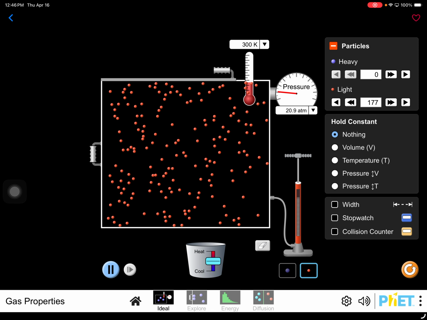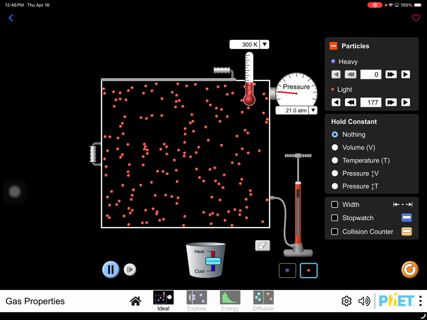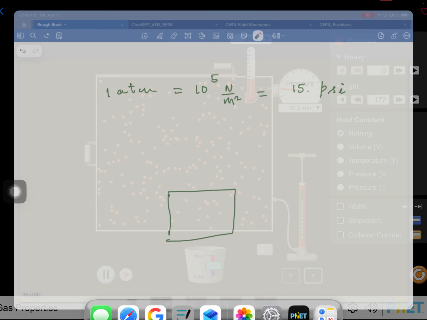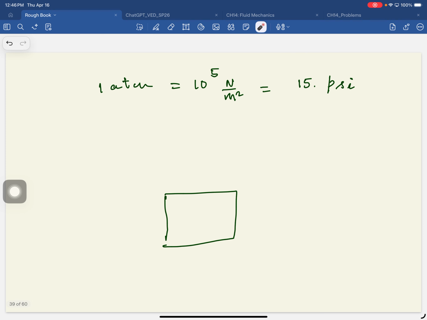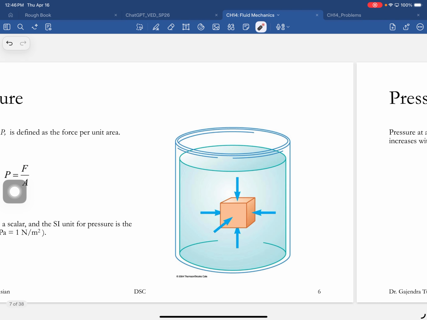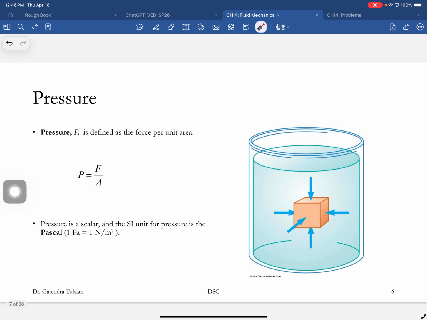Okay, so you can see that in this liquid, it is exerting a pressure on all sides, and so it's liquid molecules bouncing off the walls that are exerting a pressure.